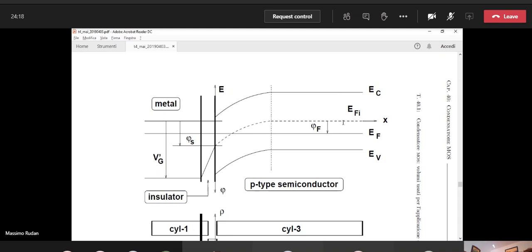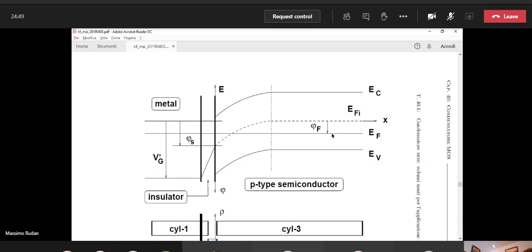Then the dashed line is the position of the mid gap that almost coincides with the intrinsic Fermi level that is indicated here as E sub Fi. And then since the dopant is of the acceptor type, the Fermi level of the material is below the intrinsic level.